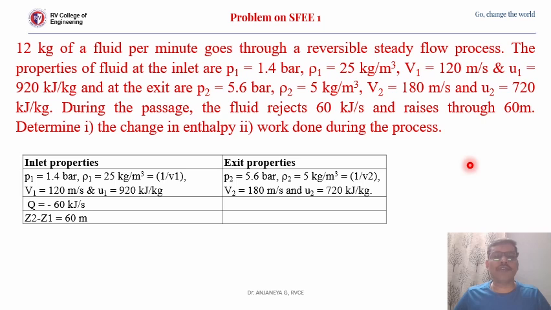Now let us take one example. 12 kg of a fluid per minute goes through a reversible steady flow process. The properties of fluid at the inlet are P1 is 1.4 bar, density rho 1 is 25 kg per meter cube, velocity V1 120 meter per second, U1 internal energy 920 kilojoules per kg, and at the exit the corresponding values are P2 5.6 bar, rho 2 5 kg per meter cube, V2 180 meter per second, U2 720 kilojoules per kg.